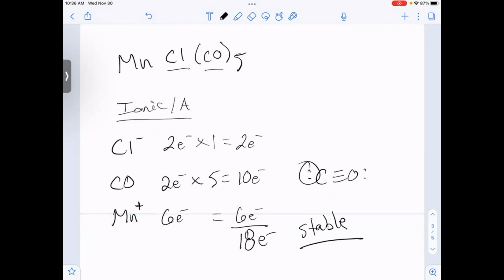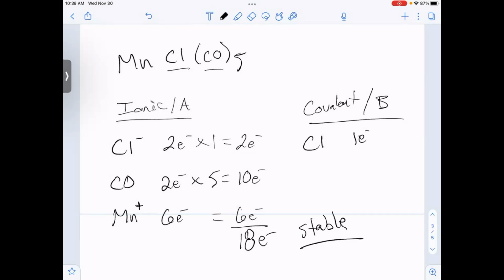Now, the other variation on how we would count electrons is we treat everything as neutral. I'll call this covalent, or you can call it neutral, which is the second method, or method B. The difference here is that chlorine is just going to be neutral chlorine, which is a 1-electron donor. And then we have carbonyl, which as a neutral ligand is already a 2-electron donor, like we said.